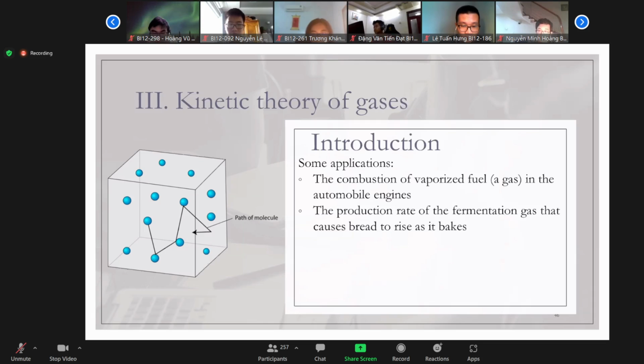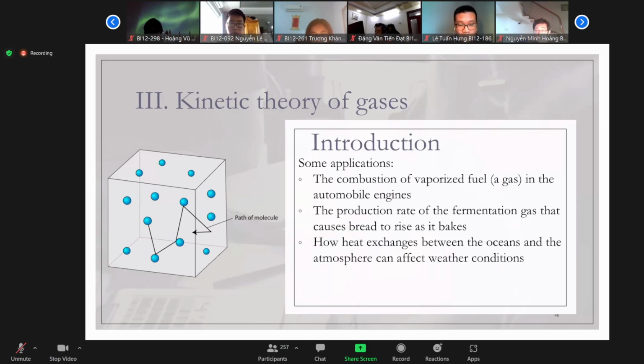These are some more examples, for example, the production rate of the fermentation gas when we bake bread, or we explain how the heat exchange between the oceans and the atmosphere can affect weather conditions, etc. So we use the kinetic theory of gases to explain phenomena, to try to explain how things work.